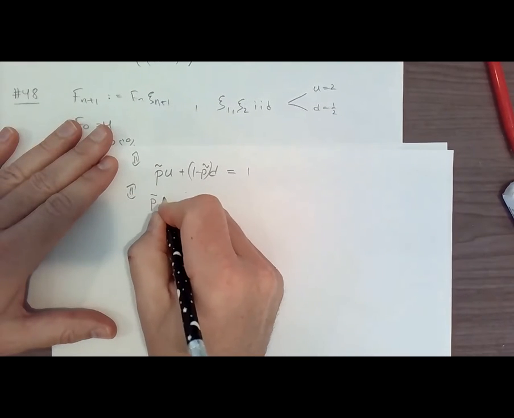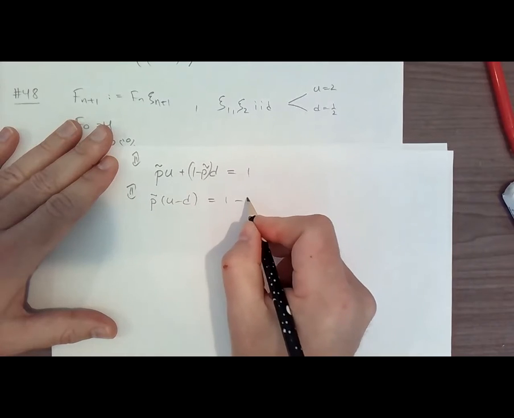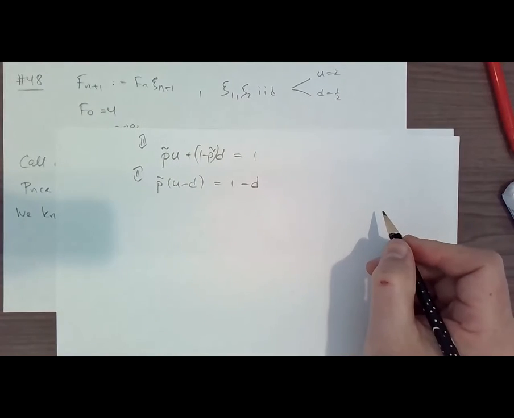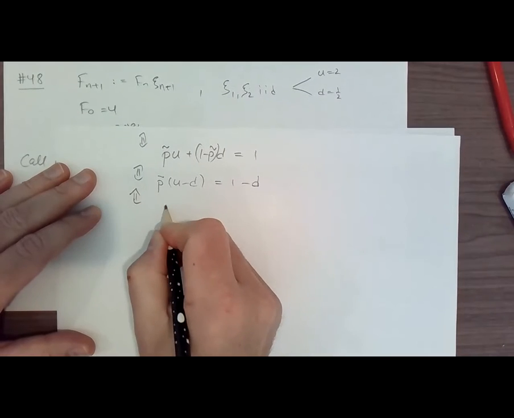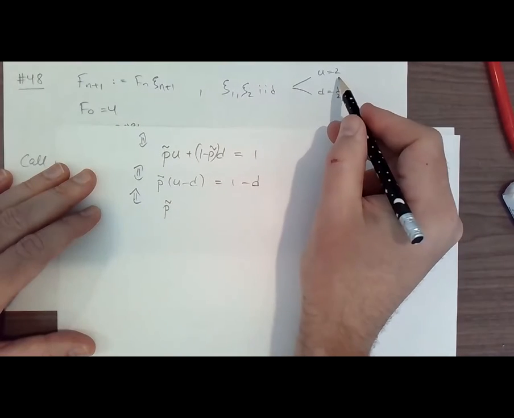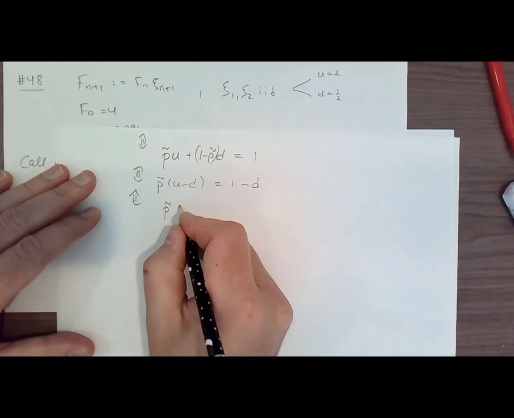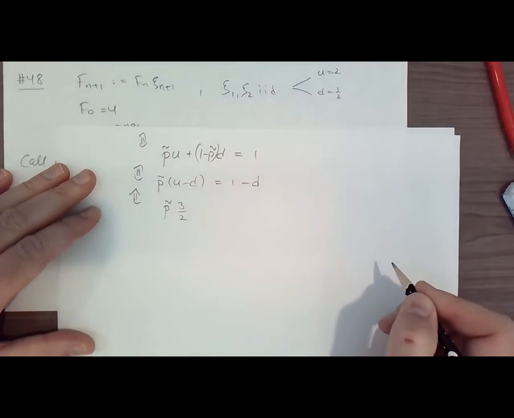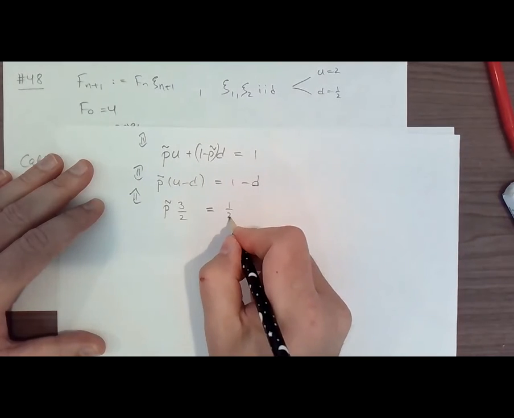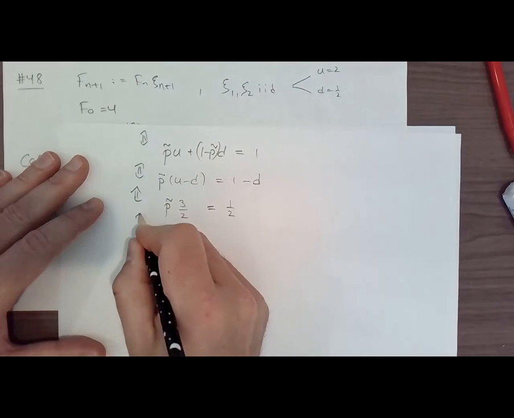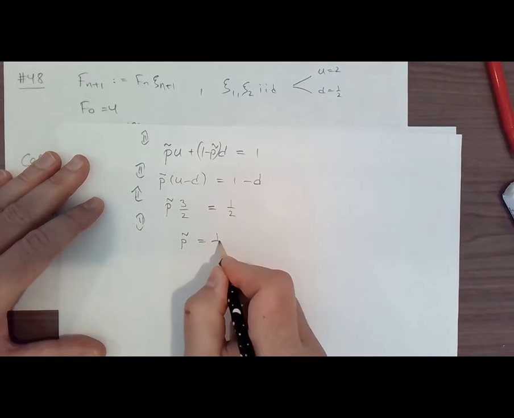So we have p tilde times (u minus d) equals 1 minus d. So this is the same as saying that p tilde times (u minus d), which is 1.5, 3 divided by 2, is equal to a half. This is the same thing then as saying that p tilde is equal to a third.